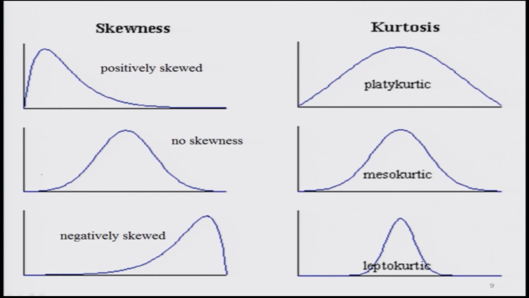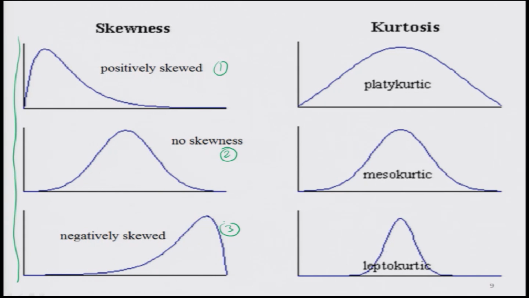Now we try to understand what we mean by these two characteristics, skewness and kurtosis. You can see in the left panel three types of curves. Let me call them curve number 1, curve number 2 and curve number 3, so that you can follow me easily.